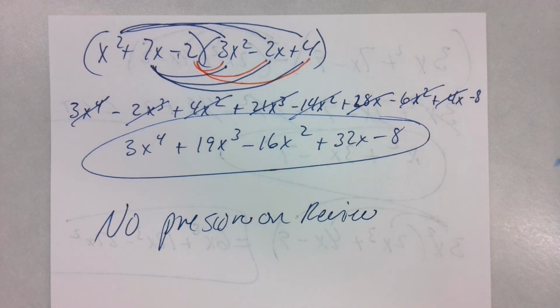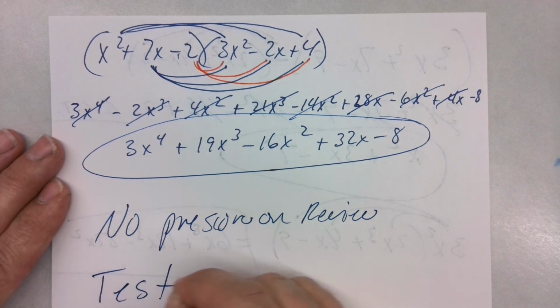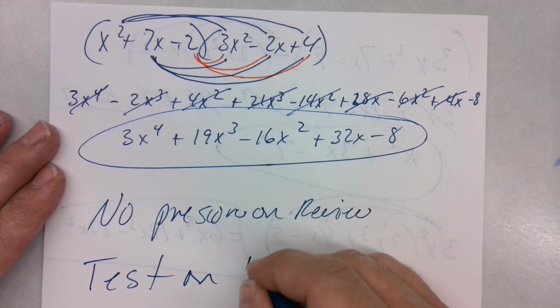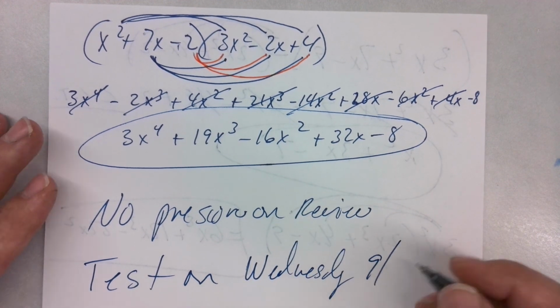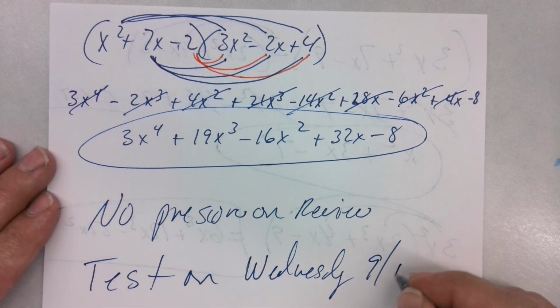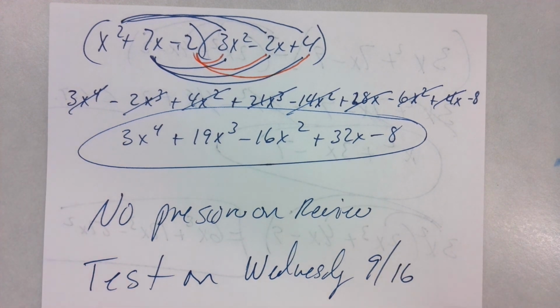We are going to test on Wednesday, 9/16. Test on Wednesday. So tomorrow night I will upload the key to the review. We won't do a pre-score for the review. We will do just the score. Does that make sense? Okay.